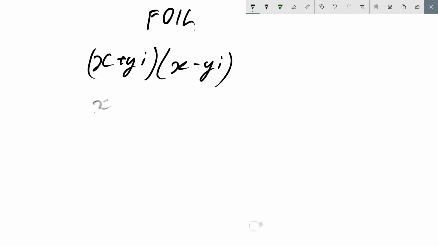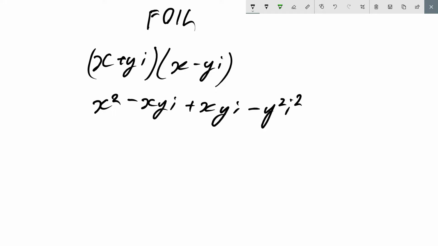So it's going to become x squared, first outer, x times yi is xyi, then inner, minus yi times x is minus xyi, and then last, it's going to be minus y squared i squared.